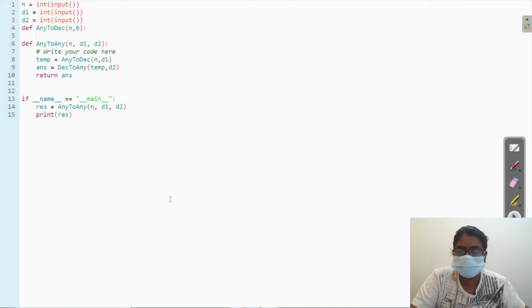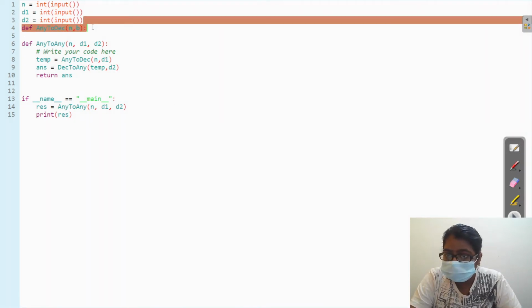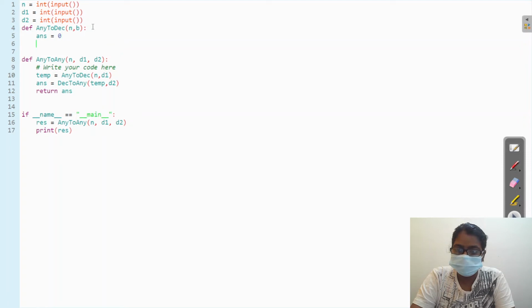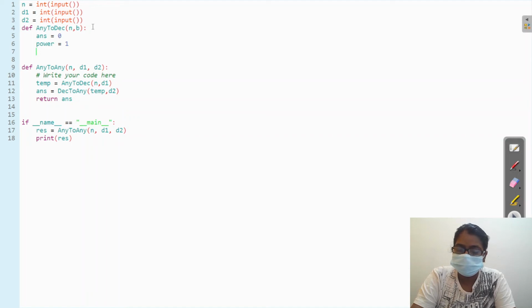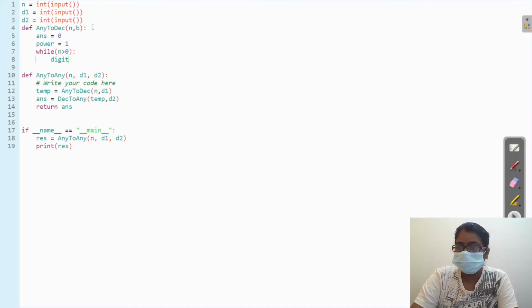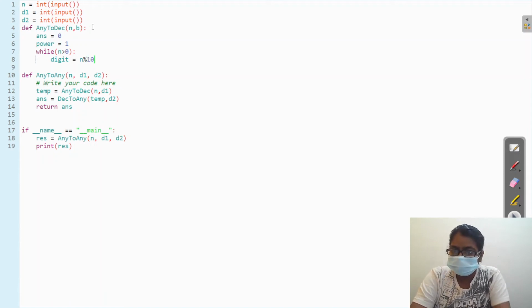I am simply writing the code here: initialize the answer as 0 and power as 1, and while n is greater than 0, find the digit, which is the remainder when n is divided by 10, so n modulo 10.